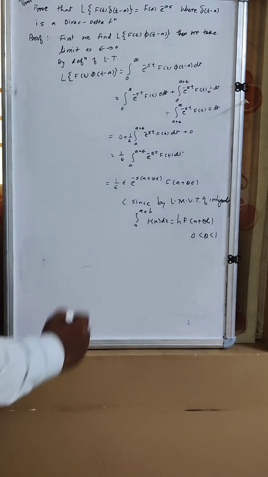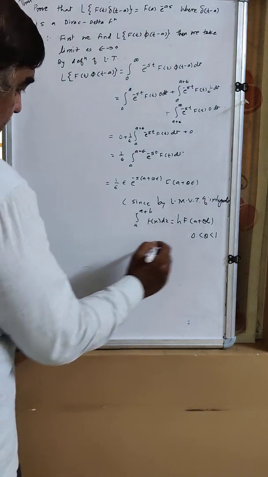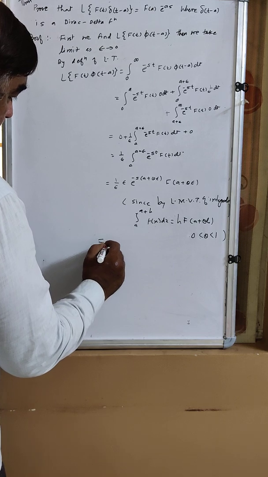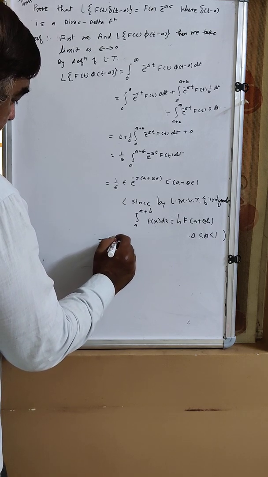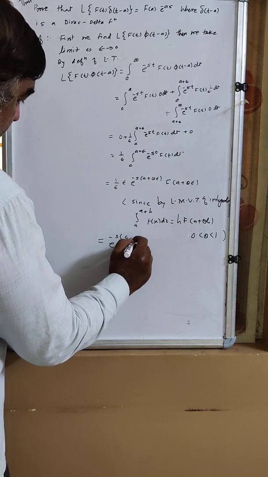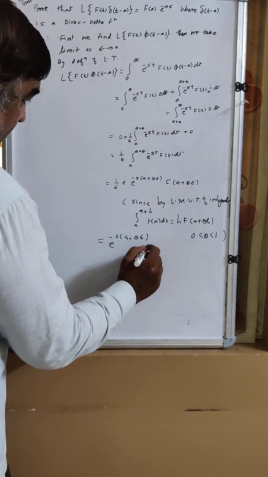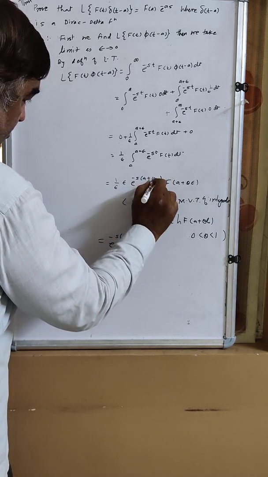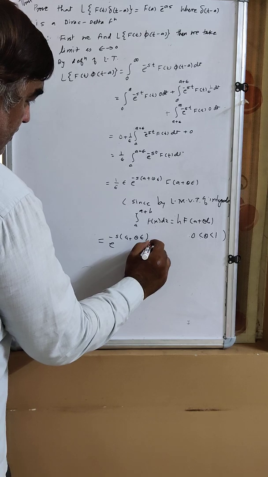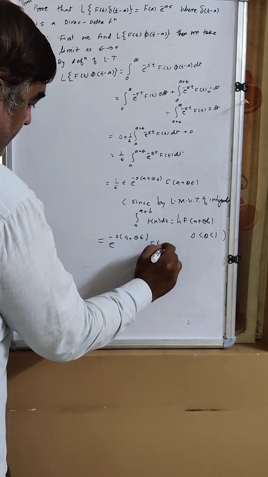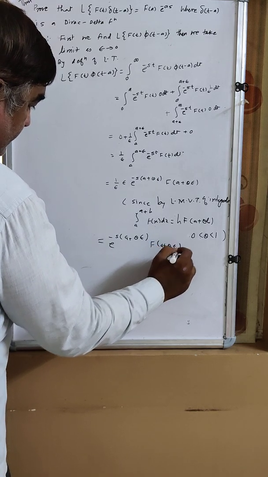So epsilon and epsilon get cancelled, and we get e raised to minus s times a plus theta epsilon, f of a plus theta epsilon.